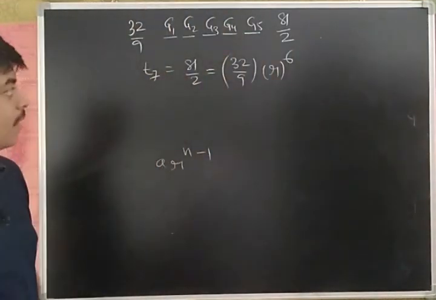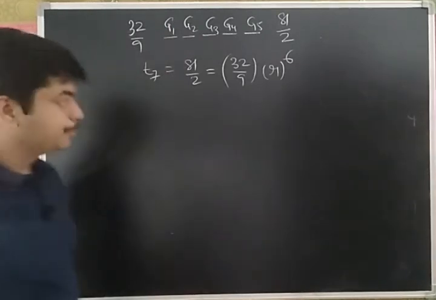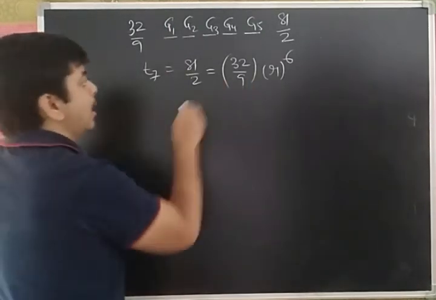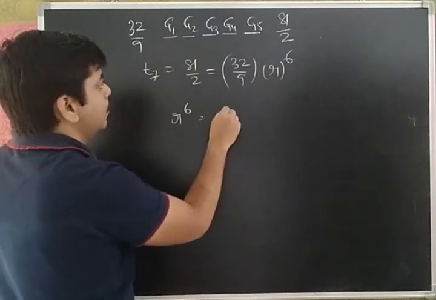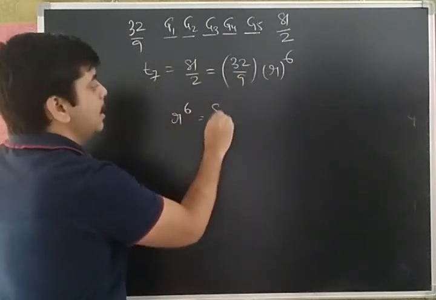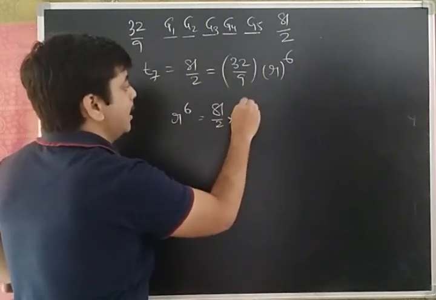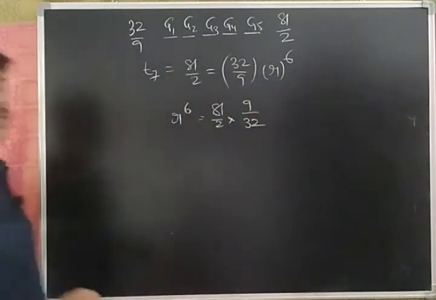So can we find R from here? Let us try to see. R power 6 is equal to 81 by 2 into 9 by 32, bringing this to this side.